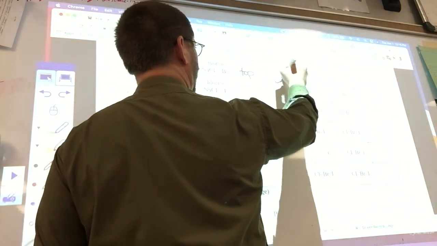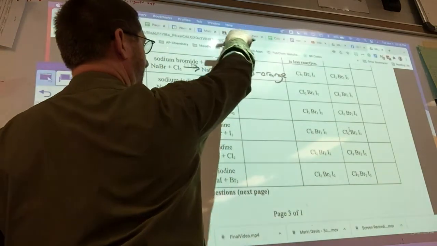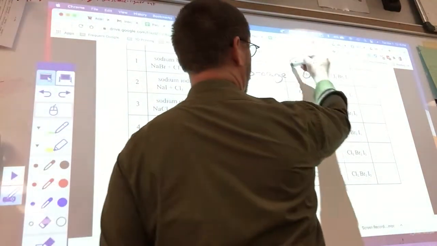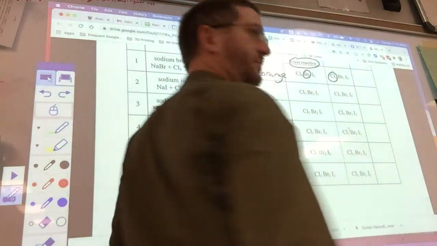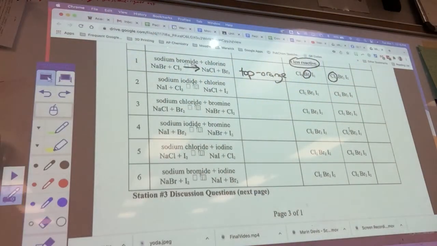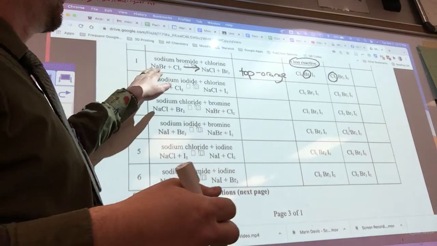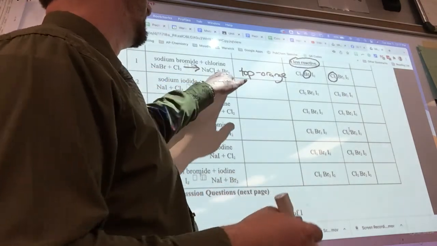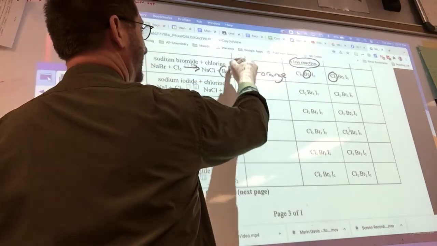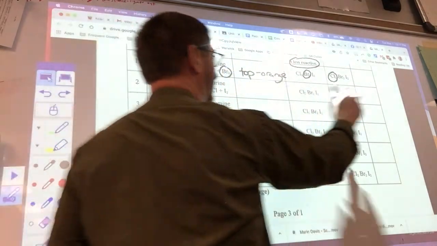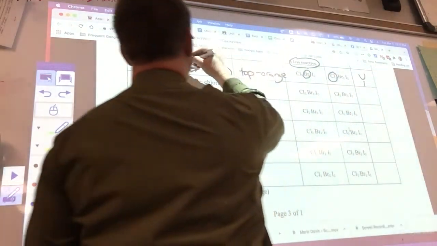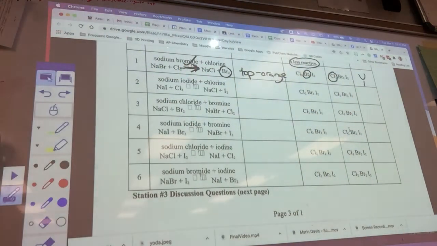So that told us, if we look above, the hexane layer is orange, which tells us bromine is by itself, which by definition is the less reactive element. It's okay sitting by itself. And that made the chlorine, by default, more reactive. And then the last question we had to ask ourselves is, did I start with bromine or did I end with bromine? In this case, the bromine that is by itself had to be produced by a reaction. So this reaction definitely did occur. So I can put a check mark rather than a question mark there.